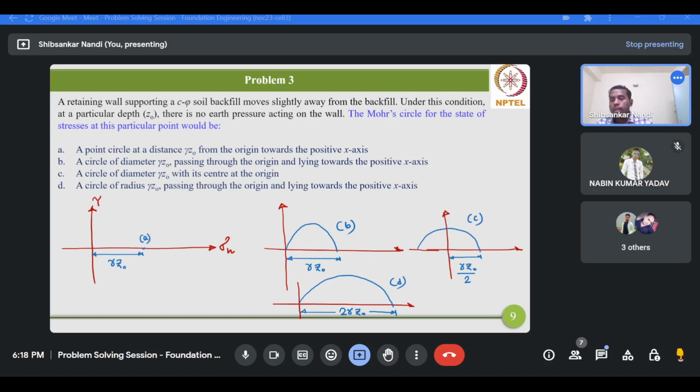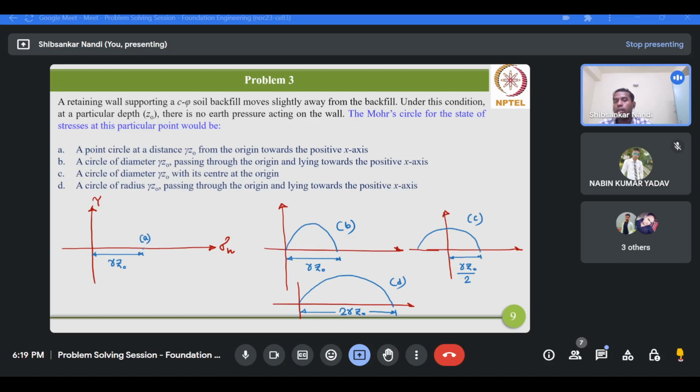Since this is a point, what does it represent? It represents that the major and minor principal stresses are equal. So the radius should become 0 and it becomes a point circle. So major and minor principal stresses should be equal.